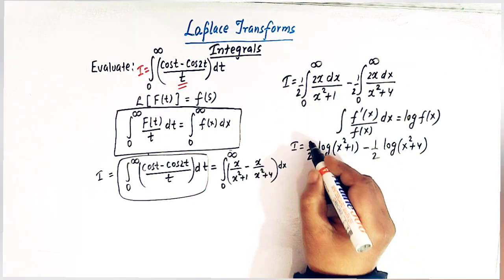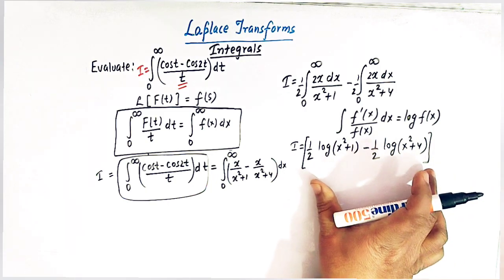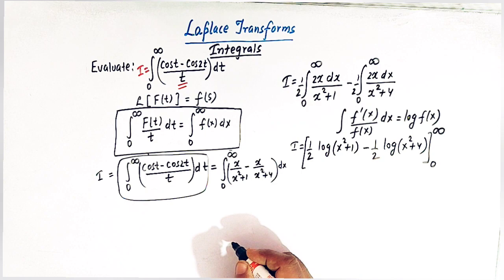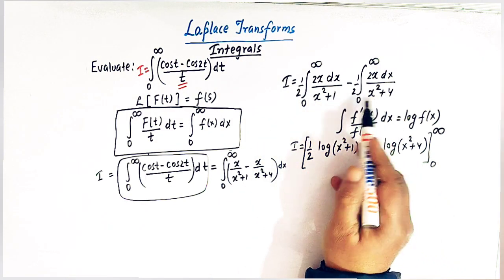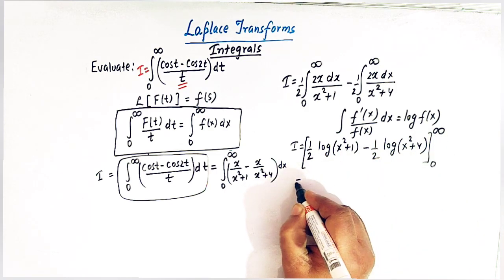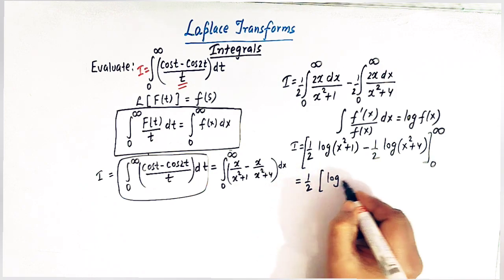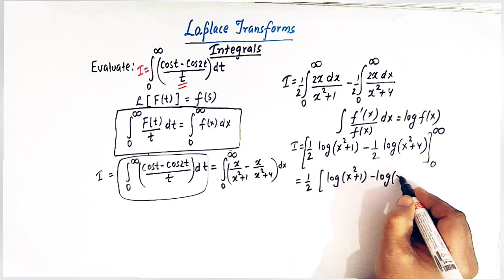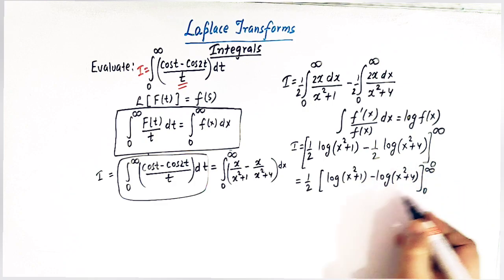And we can take the limits on this entire term, that is 0 to infinity. So we are not separately writing the limits; we'll combine these two terms and write the limits 0 to infinity, right? Now here we can take half common, so we have log of x square plus 1 minus log of x square plus 4, and the limits are from 0 to infinity.